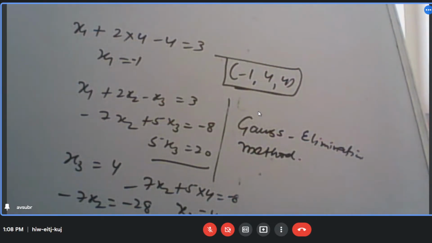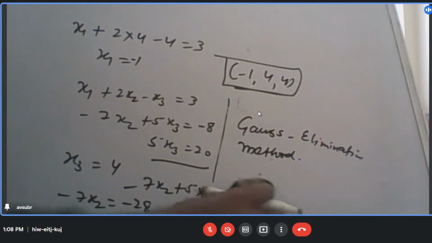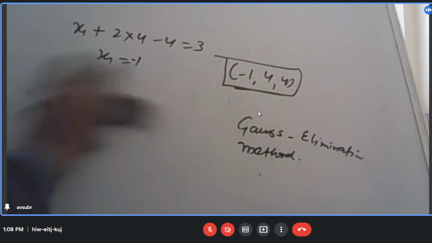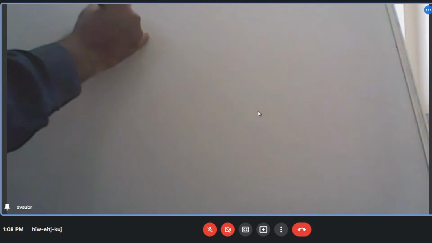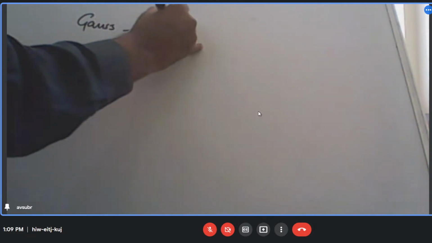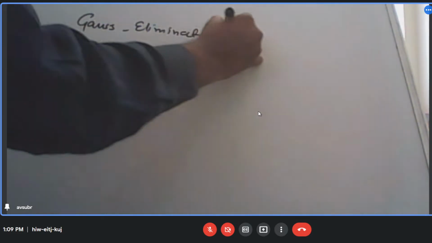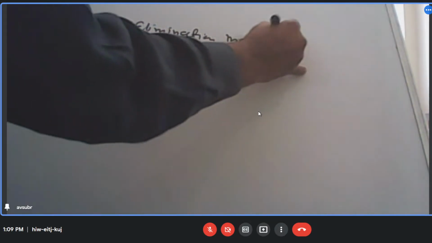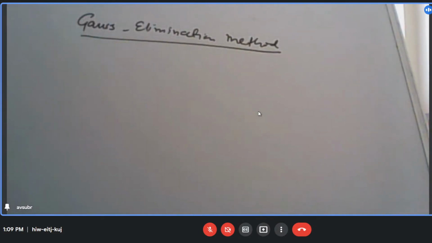So in this method, what do we do? Okay, let me once again briefly tell you. In the Gauss elimination method, there are two steps.